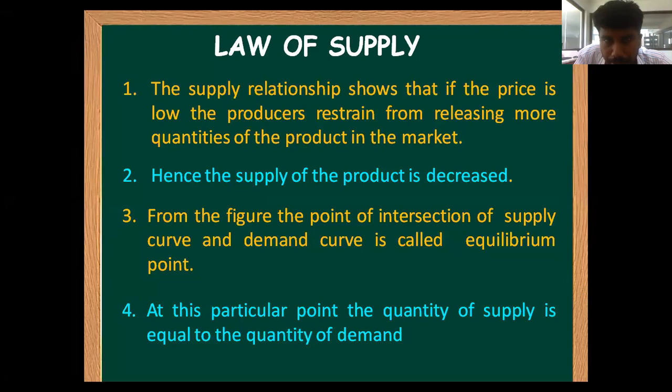If the price of that product is low, then the producers will not supply their products into the market. They will hold on to the products, thereby the value of the price of the goods or the services increases. When it increases, then they are going to supply the product.